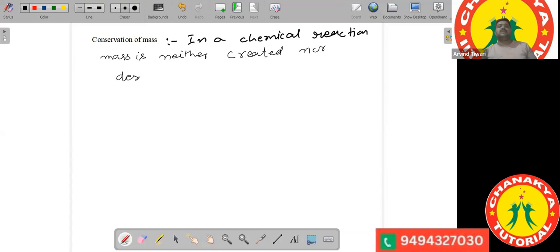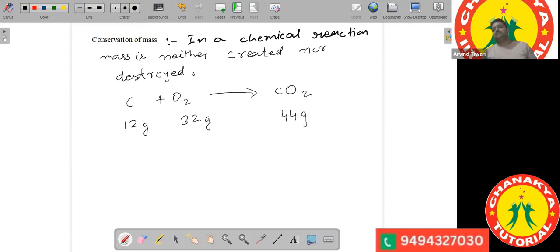So what it means is that the total mass of the reactants should be equal to the total mass of products. Suppose there is some reaction between carbon and oxygen. Let us suppose there are 12 grams of carbon and 32 grams of oxygen. The carbon dioxide which will be formed will have a mass of 44 grams. There will not be any loss of mass.